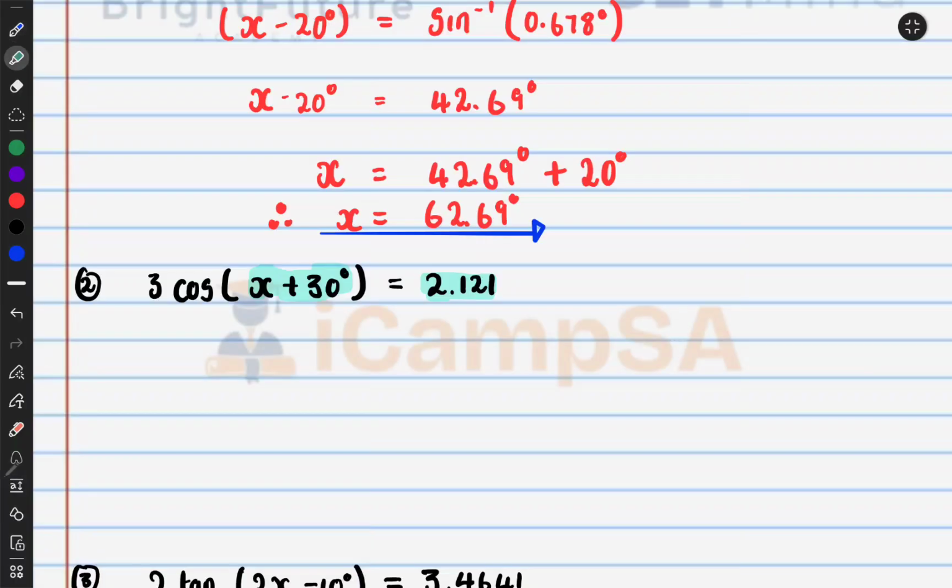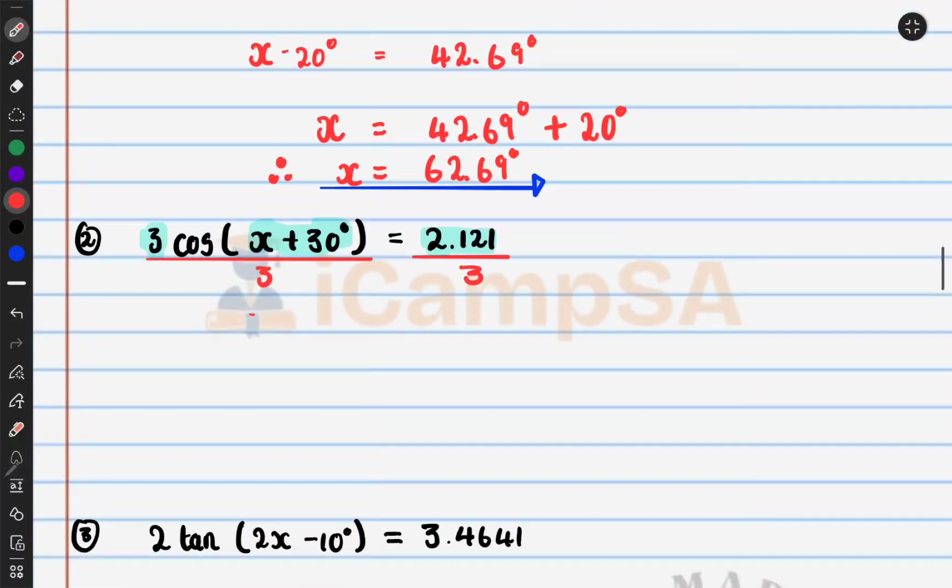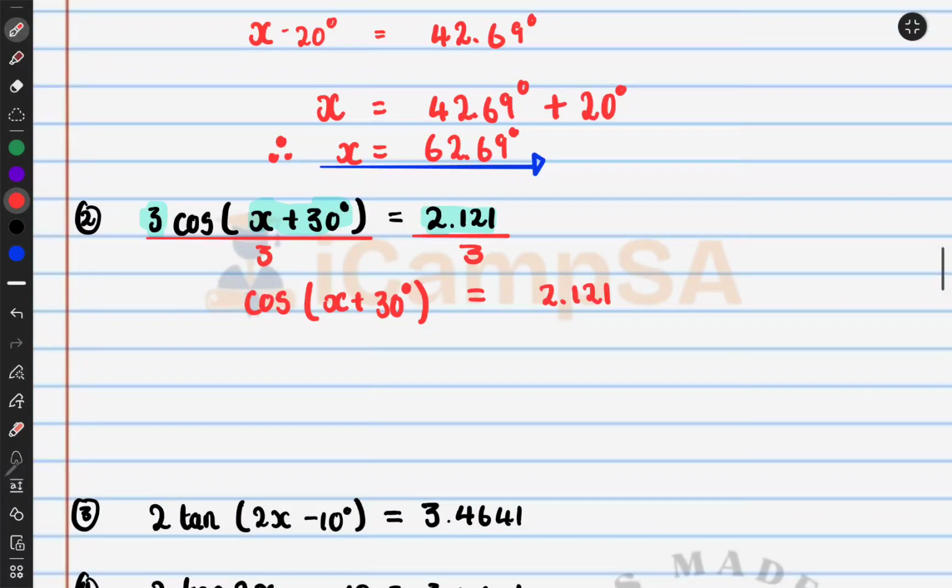We have the 3 there that is adjacent to cos of the angle, so we start by removing the 3. In order to remove it, we divide on both sides by 3. Therefore, we're going to be left with cos of (x plus 30 degrees) is equal to 2.121.